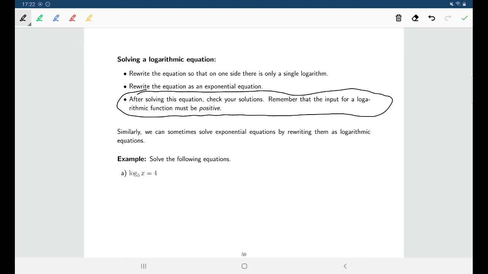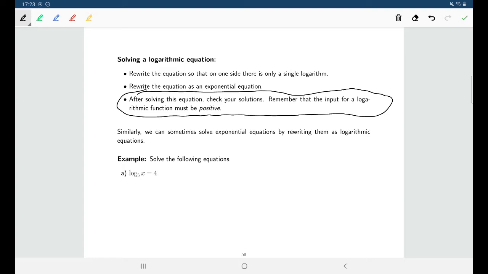The reason is similar to what we had when we solved radical equations: by the process of squaring both sides, you could wind up creating extraneous solutions, because for those even roots, those square roots, the insides would need to be non-negative.